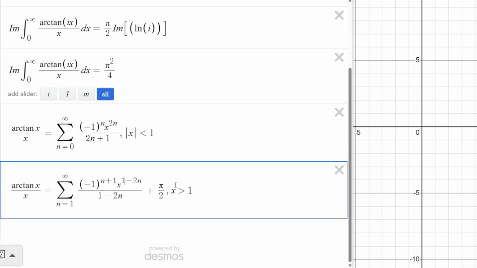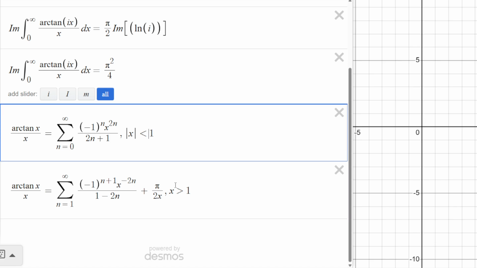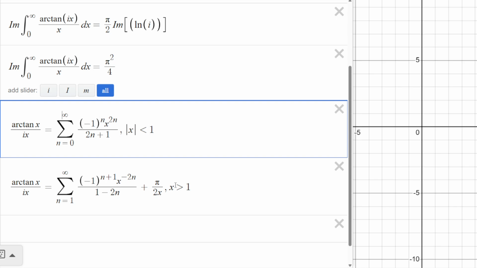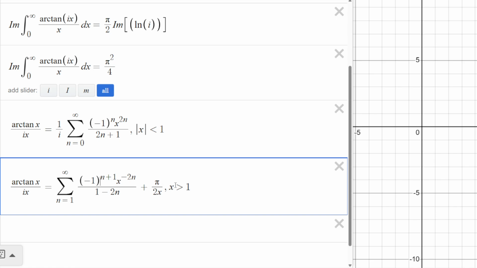And what happens here is we get rid of this 1, but we also have to divide this pi over 2 by x. Don't forget that. Then let's divide both sides by i. So now we have 1 over i, and then 1 over i here.